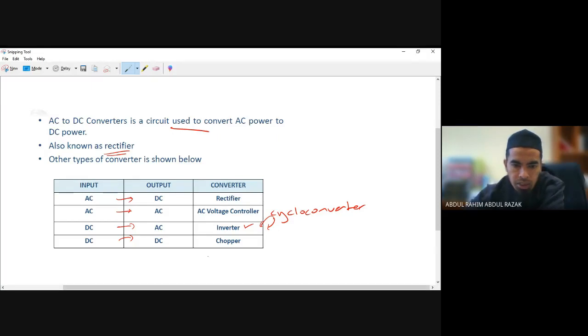On the next slide, you can see the types of rectifier: half-wave rectifier, full-wave rectifier, uncontrolled rectifier, controlled rectifier, single-phase and three-phase rectifier. So what does it mean by half-wave and full-wave rectifier?